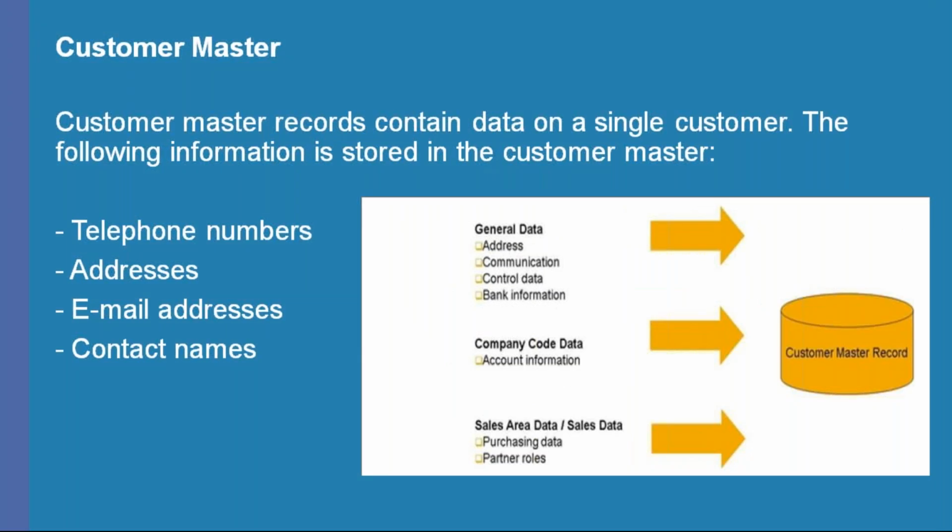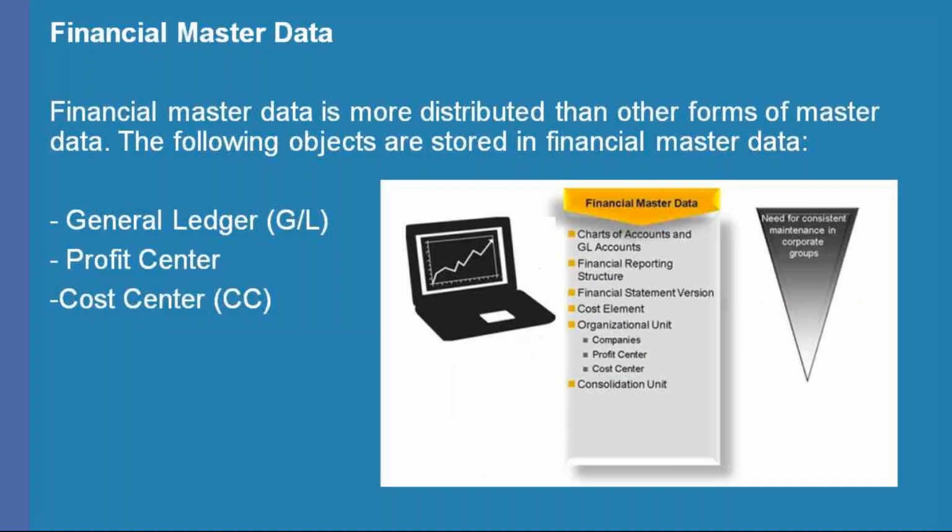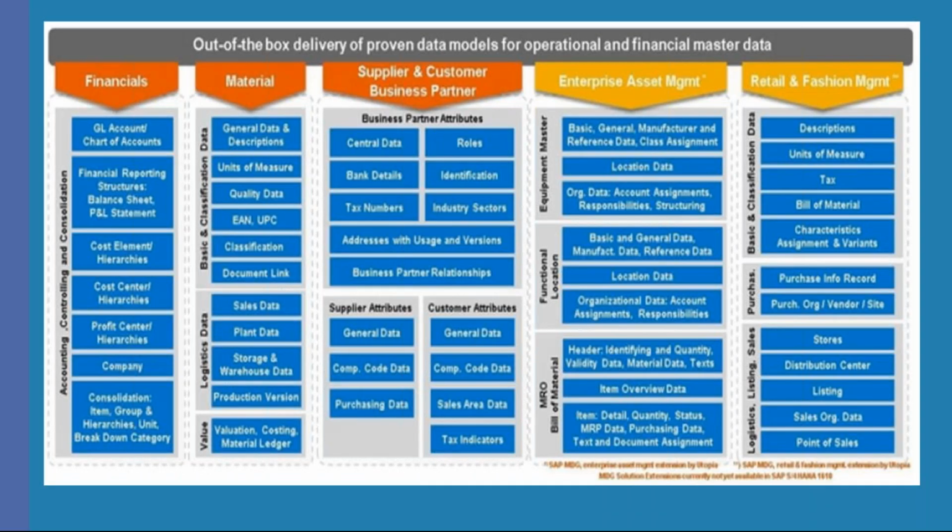Sorry, sales org is for customer; for vendor it's purchasing. Then financial will have GL account, company, profit center group, cost center group, etc. And this is one overall picture for finance and for business partner. So business partner includes customer and vendor.